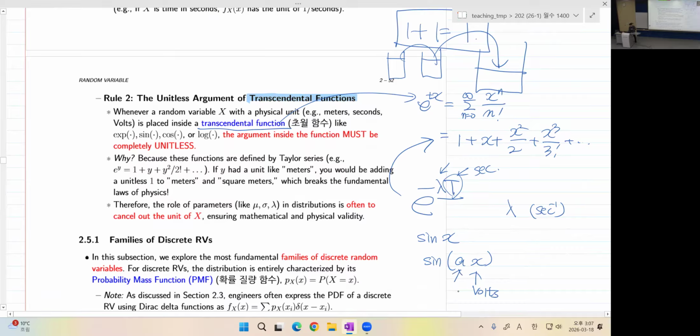Then this constant must have volts inverse. Sometimes a equals 1, but it has 1 over volts. Otherwise, it does not make sense. Got it? So in this way, you check whether your quantity in engineering problem has a unit or not. This is very important, okay?